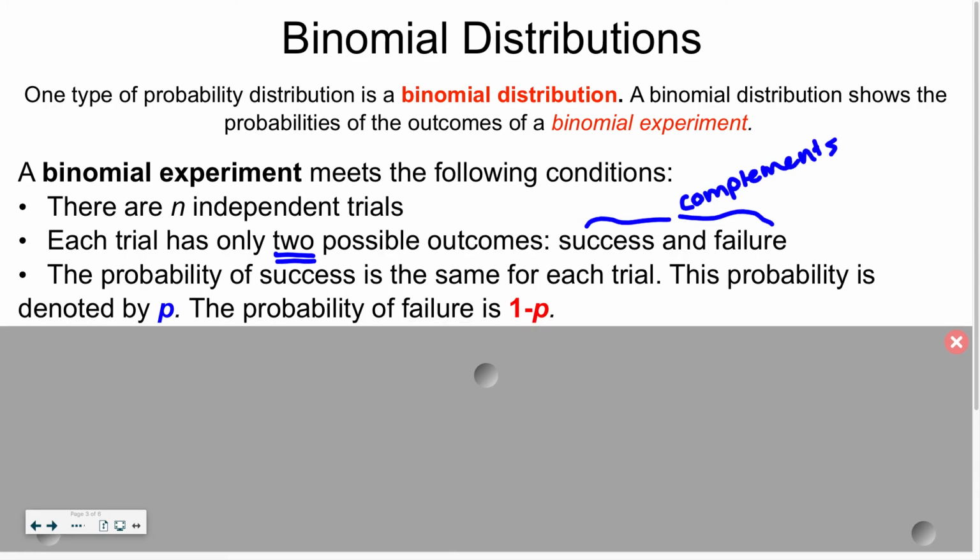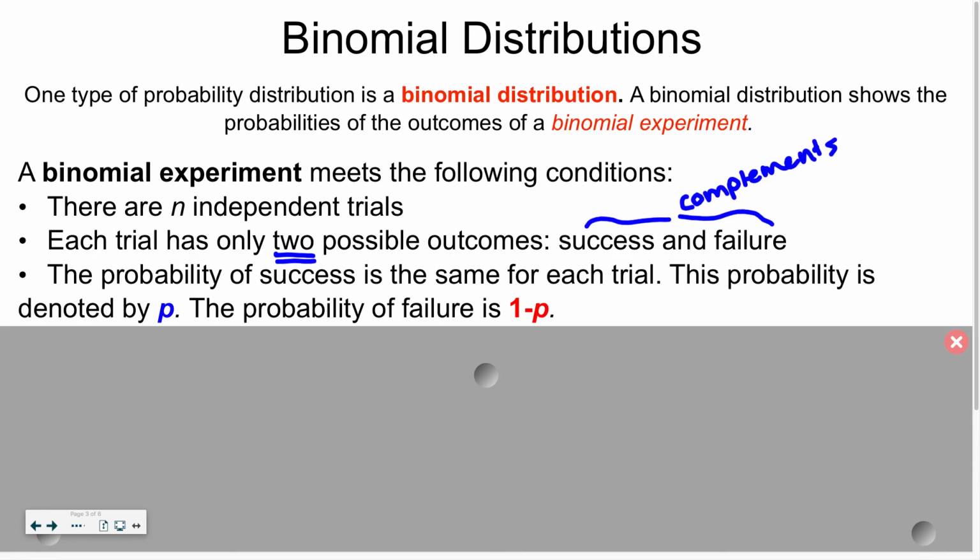The probability of success will remain the same for each trial. Remember, they're independent trials, so the probability of one trial does not affect the probability of another. And so you assume that the probability of success is the same for each trial. We're going to call that p.